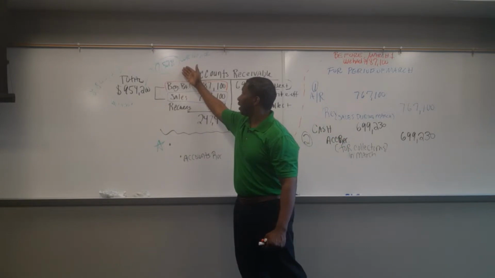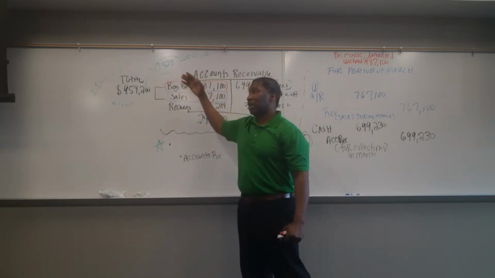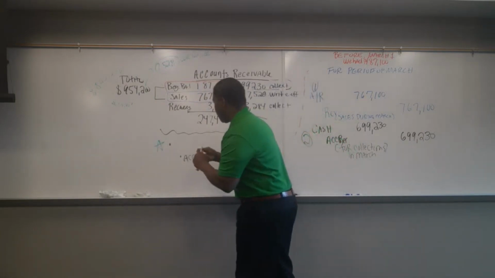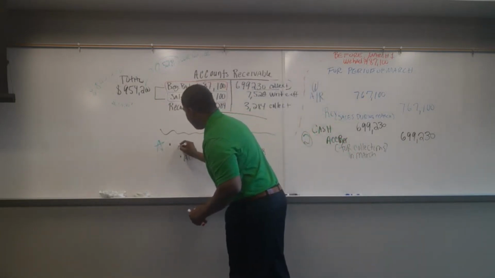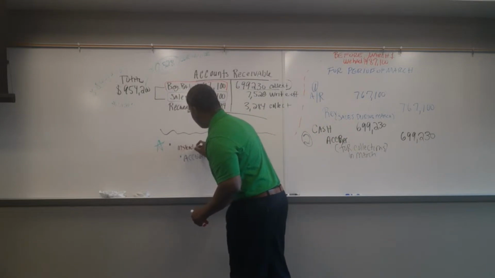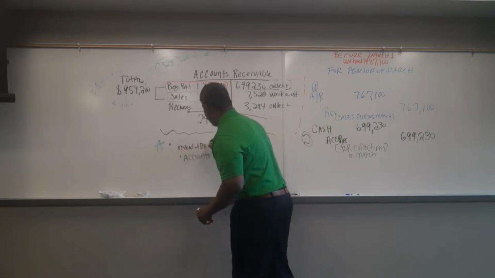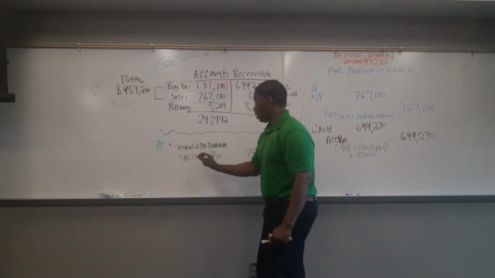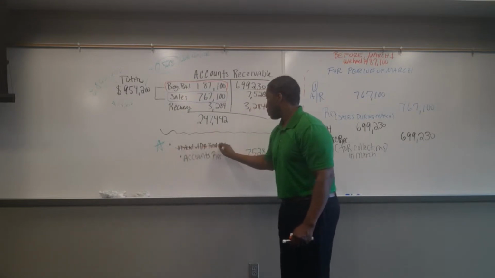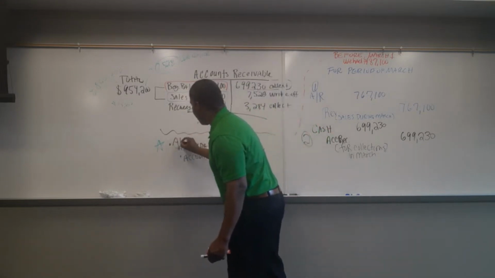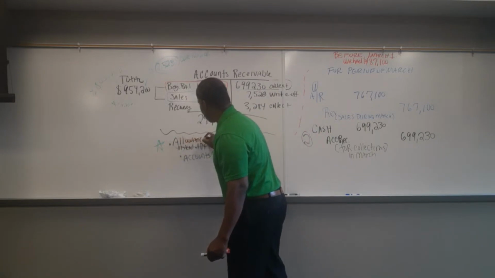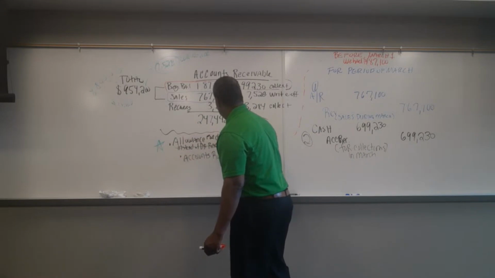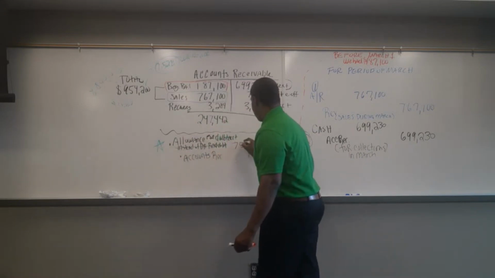So in order to make sure that it stays in the period where it belongs, instead of debiting bad debt expense, we're going to take out of an account called allowance for doubtful accounts. I have to abbreviate there for that amount, okay?